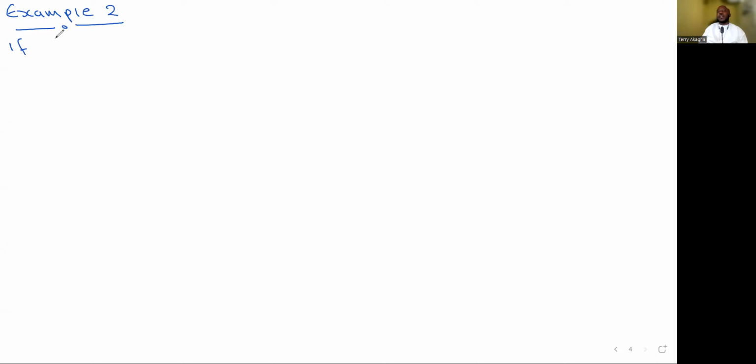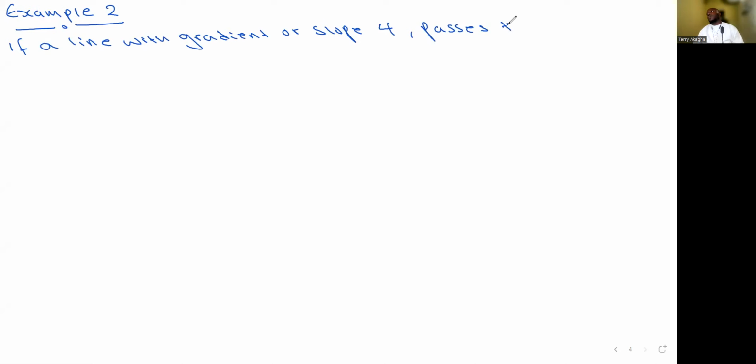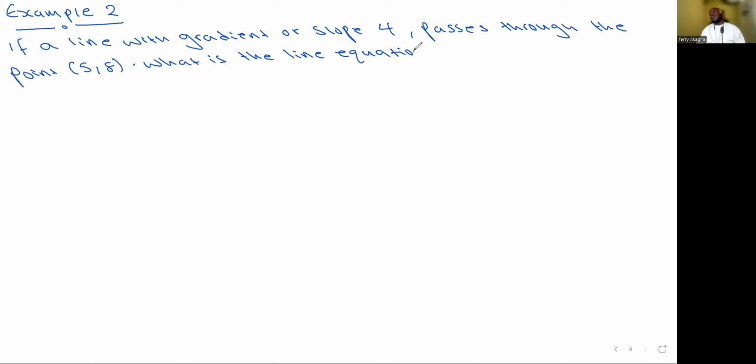So number 2 said if a line with gradient or slope 4 passes through the point 5, 8, what is the line equation? Same thing, you only have 1 slope and 1 point.